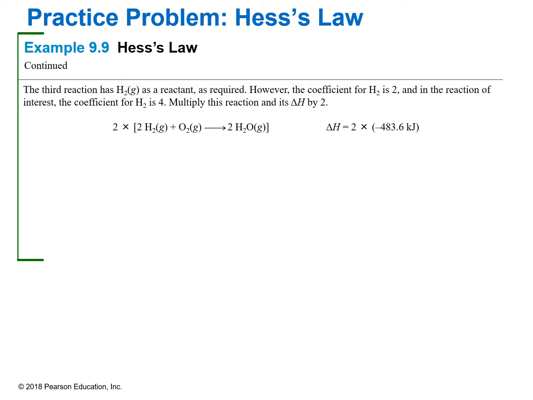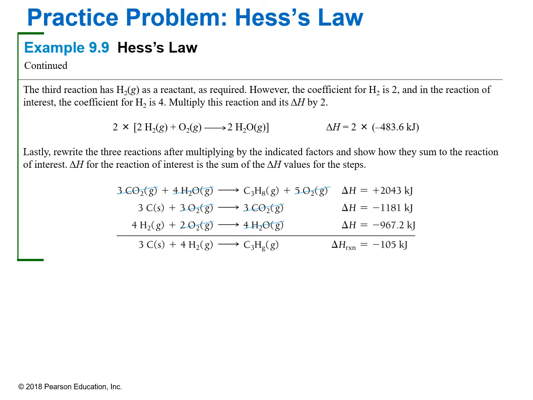Okay, so the third reaction, we're going to have to multiply by 2. So we're going to do that with this reaction. And now we can take all of these values. We took our first reaction and reversed it. We tripled our second reaction, and we doubled our third reaction.